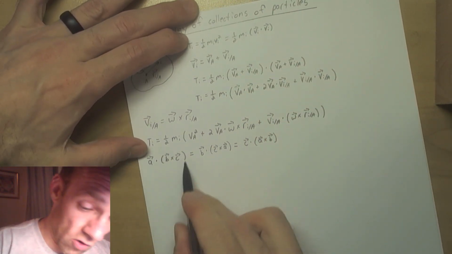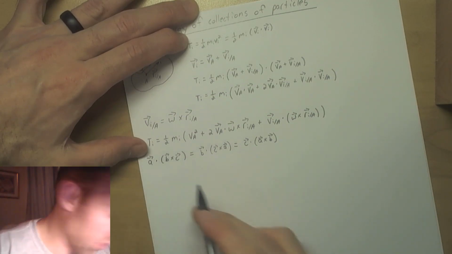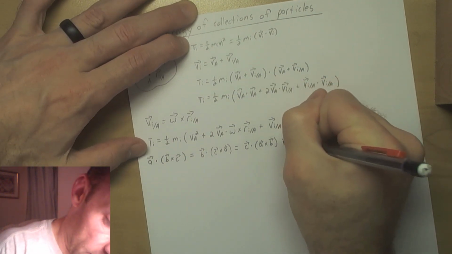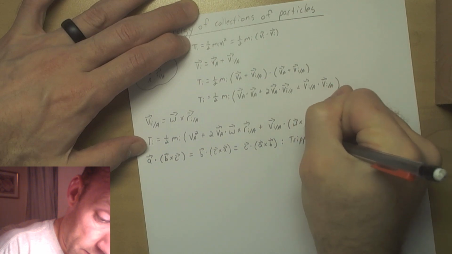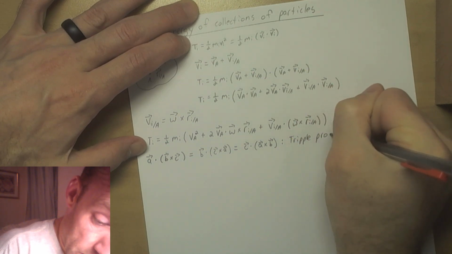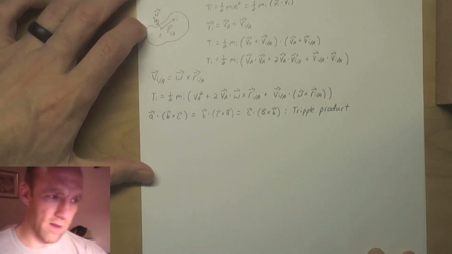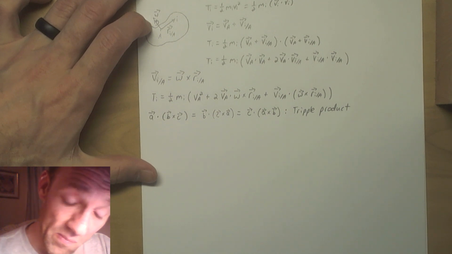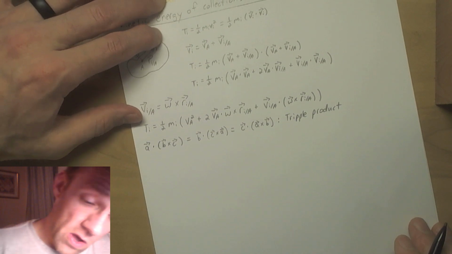So A shifts around to the outside, C shifts one over, and B shifts one over. So there's a permutation between this thing. This is called the triple product. And this should not be the first time. I haven't made the homework yet or anything, but this isn't going to be the first time you've seen this. All right.